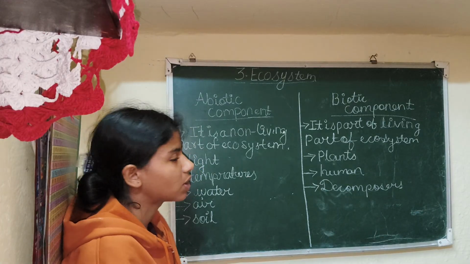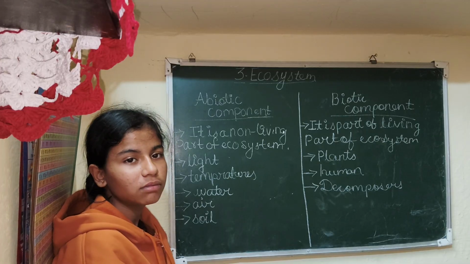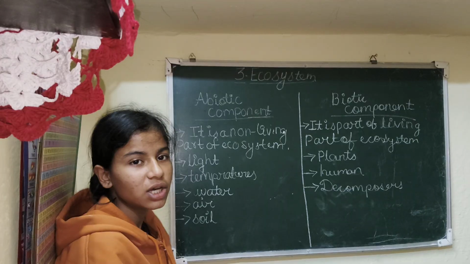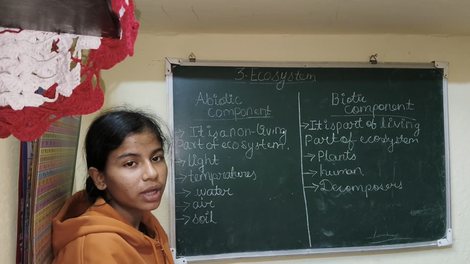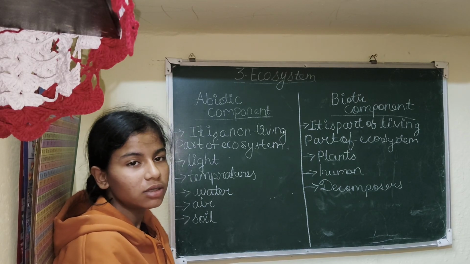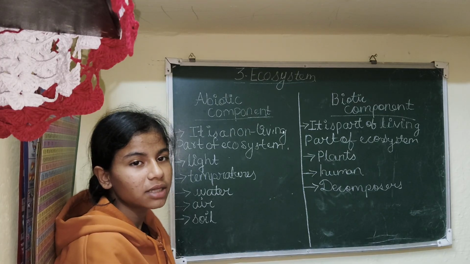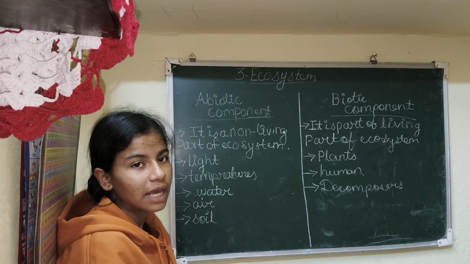Then decomposers. Decomposers are bacteria which are soil fertilizers also, because they make the soil fertile and degrade biodegradable materials and even plastic materials. It takes a lot of time, but it also degrades with time.